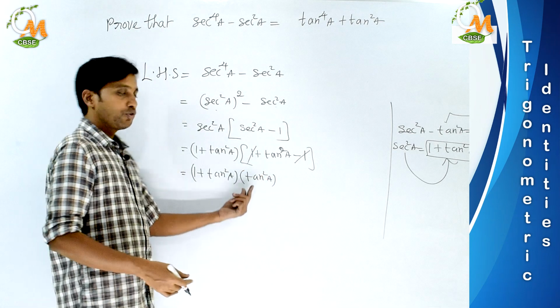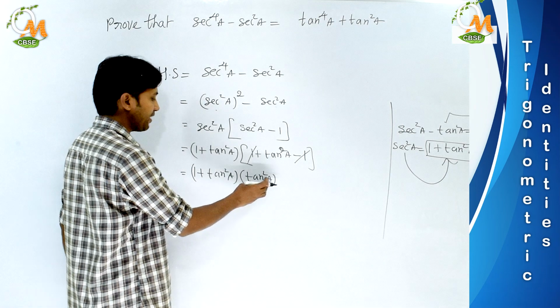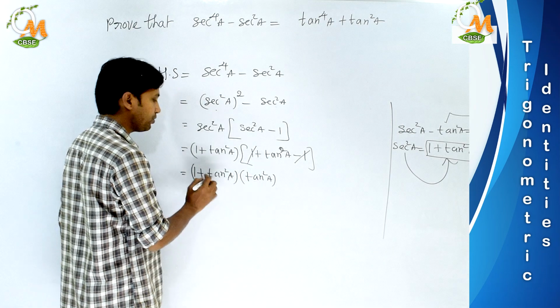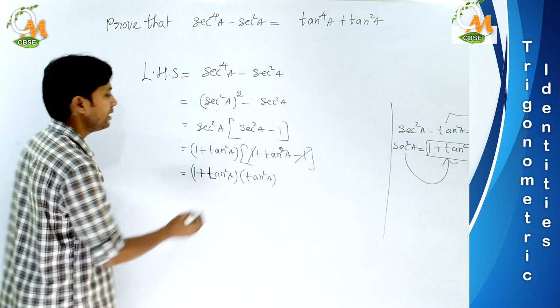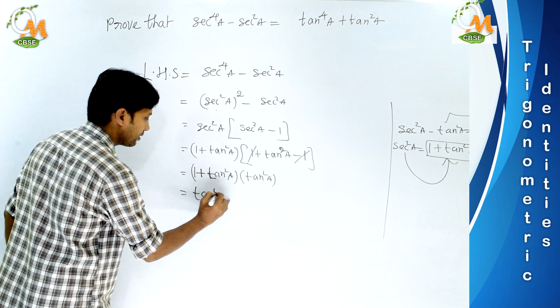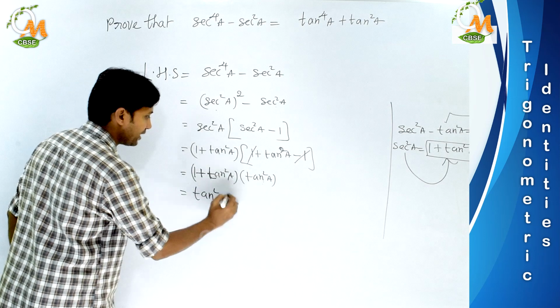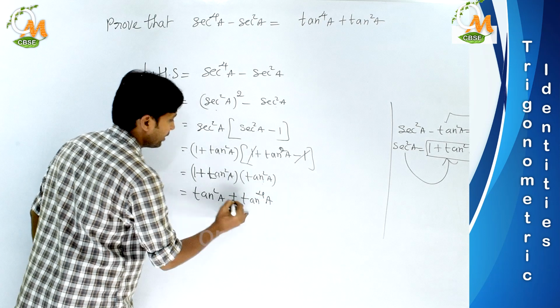Now for further simplification, we can multiply this tan square a with 1 and tan square a into tan square a. Tan square a into 1 would be how much? Tan square a. Tan square a into tan square a would be tan to the power of 4a.